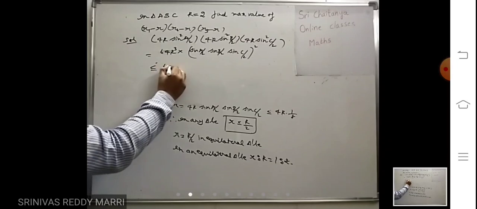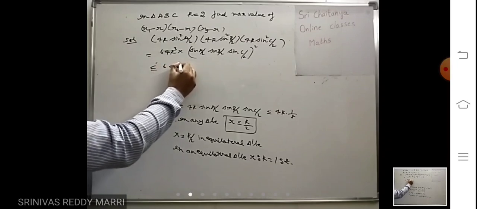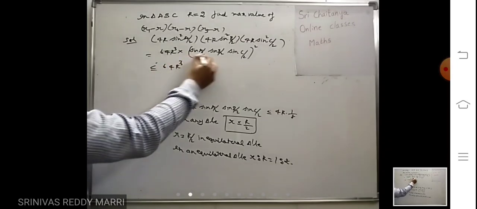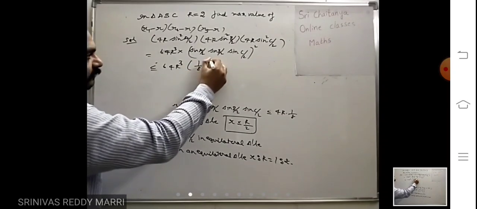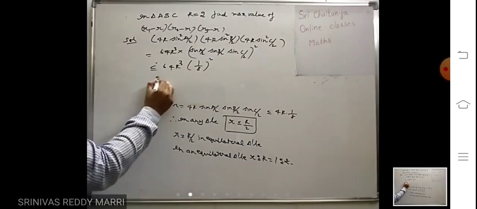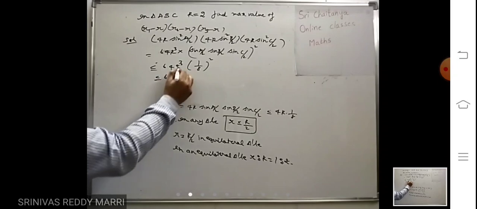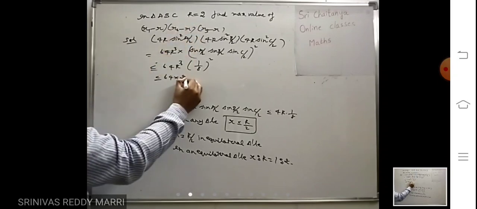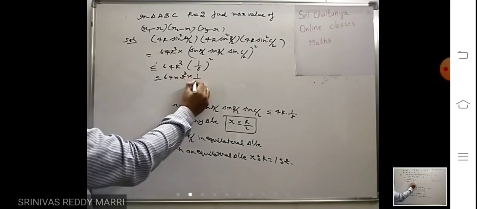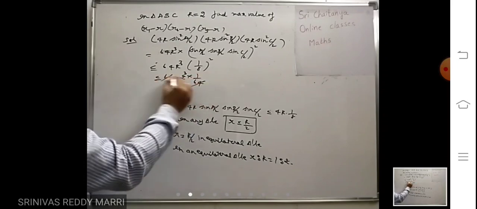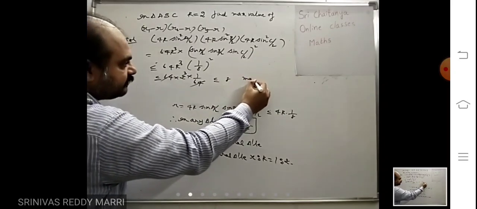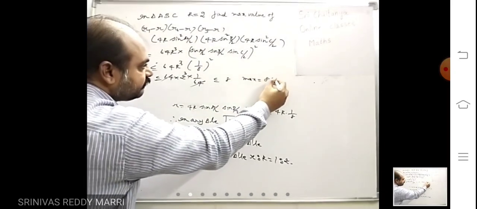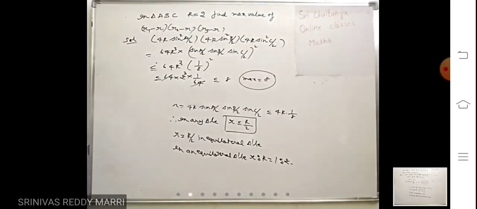That means it is less than or equal to 64R cube into (1 by 8) whole square. That means 64 into 2 cube, as R is given as 2, into 1 by 64. That means this is less than or equal to 8. So the maximum value is 8.